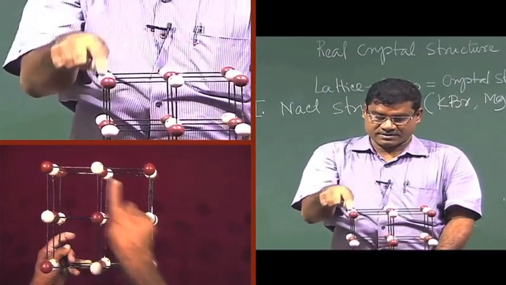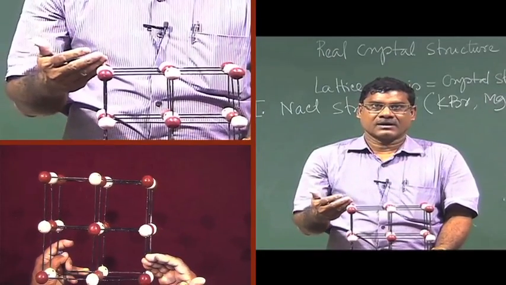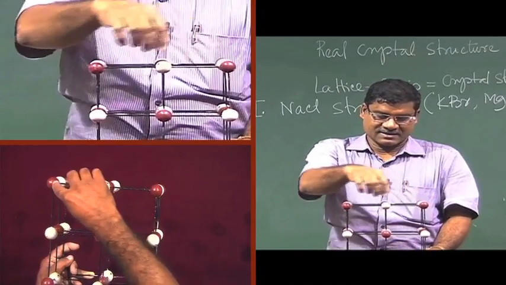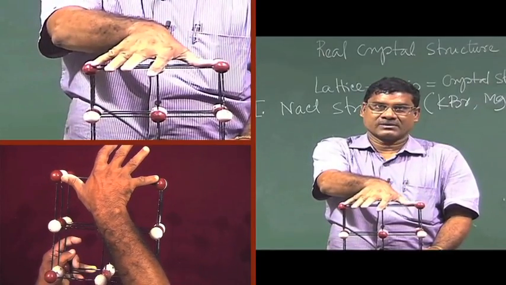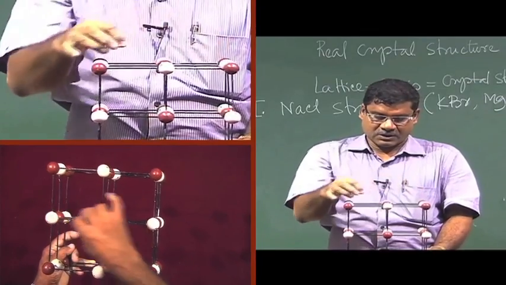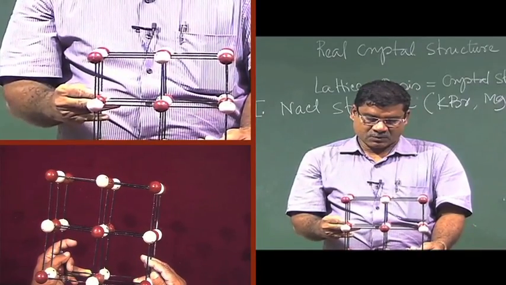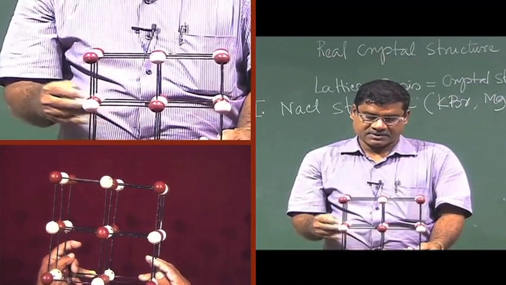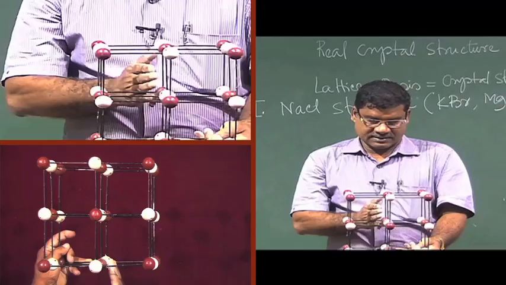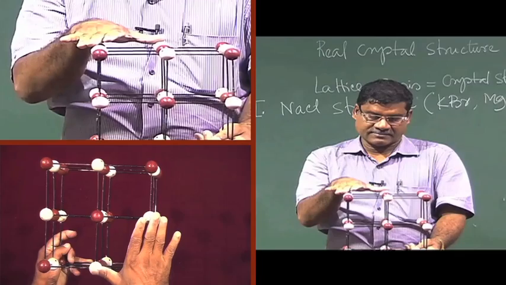The white balls you are seeing, you can take as the sodium positions. Here you can also see that one sodium is between two chlorine, one sodium between two chlorine. Here one can also tell that if you just consider the white ones, then this also can be treated as an FCC.